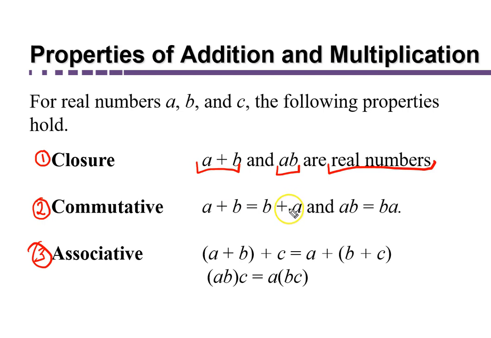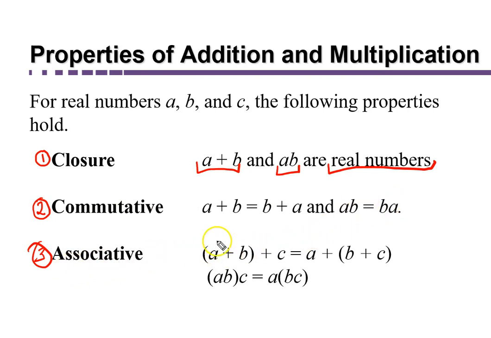But the name of the property, and this may be a quiz question, is the commutative property of addition. Now here we have factors, A, B. We can switch those around to get B, A. It's legal to do it. So the factors can be switched around. And this would be the commutative property of multiplication.